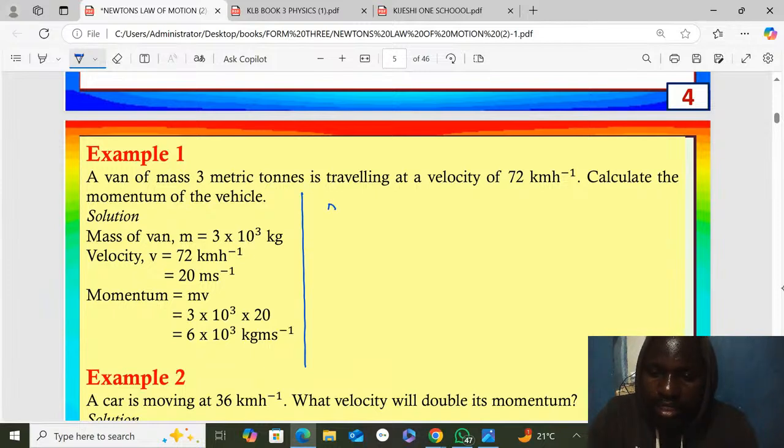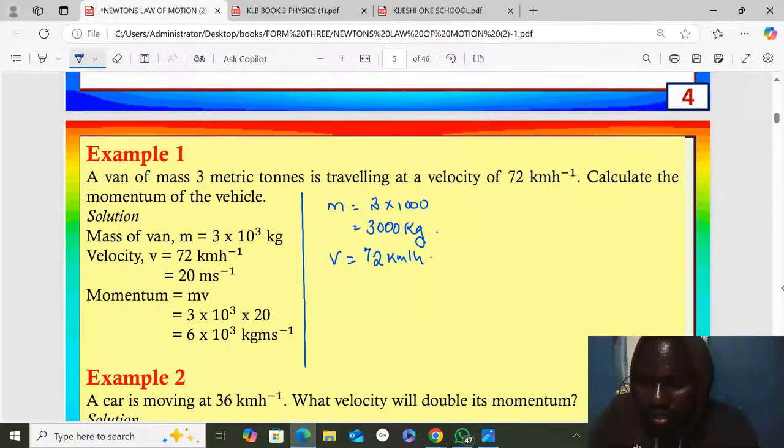The mass is 3 metric tons, and 1 ton is equivalent to 1,000 kilograms. Therefore, this is 3,000 kilograms. The velocity is given as 72 kilometers per hour, and this must be converted into meters per second.